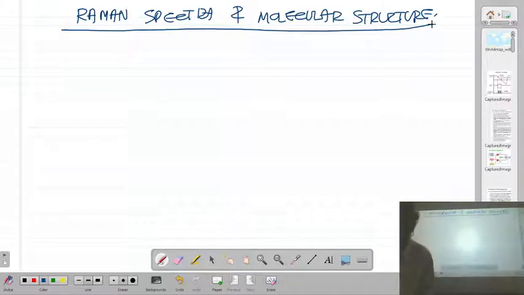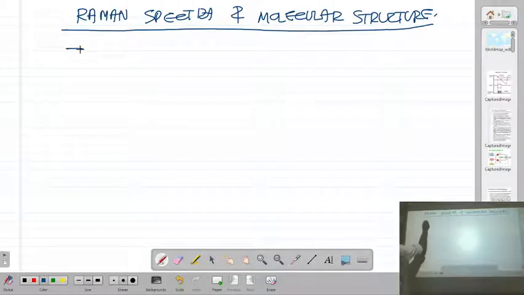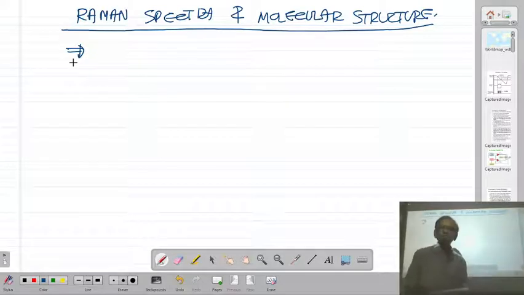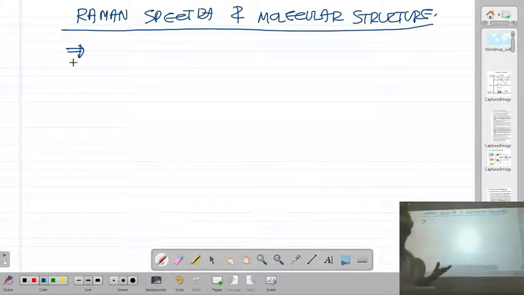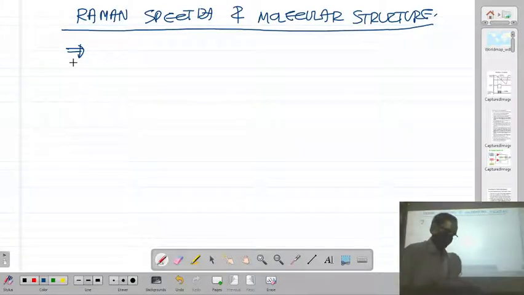So, regarding the Raman effect, I mentioned some important points. With the help of Raman spectra, you can study the structure of the molecule. You can study the shape and symmetry of the molecule.